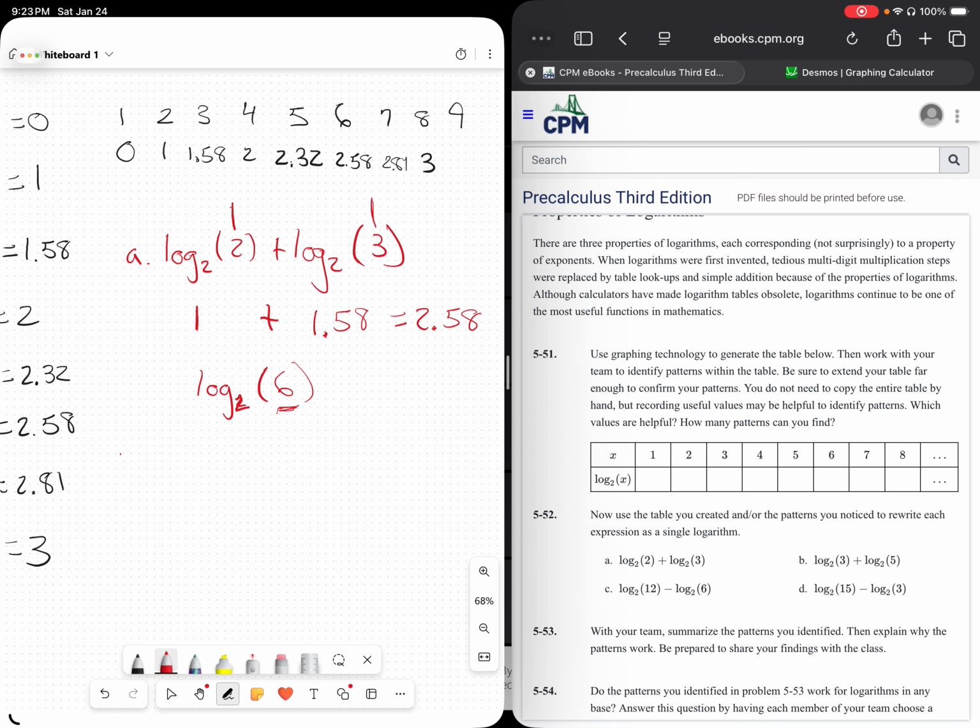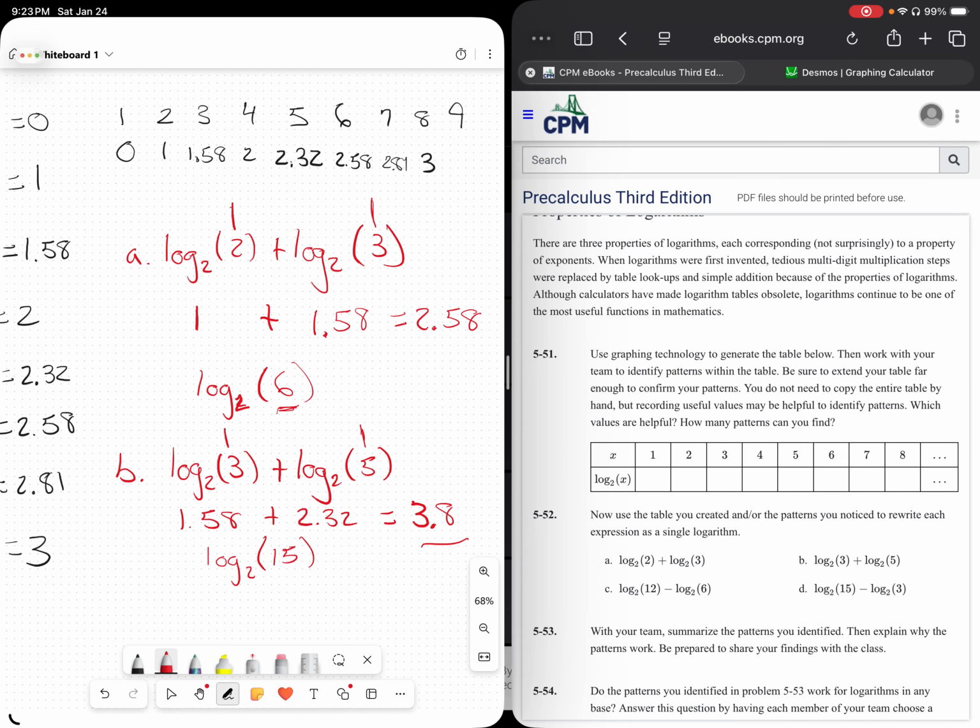Well, let's look at B. Log base 2 of 3 plus log base 2 of 5. Log base 2 of 3 is 1.58 and log base 2 of 5 is 2.32. If we add those together, we get 3.8 something. Based on what we said, if they multiply those two together, this should be log base 2 of 15, and it should be 3.8 something because we rounded.